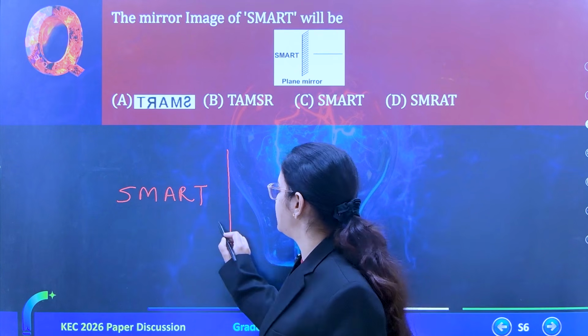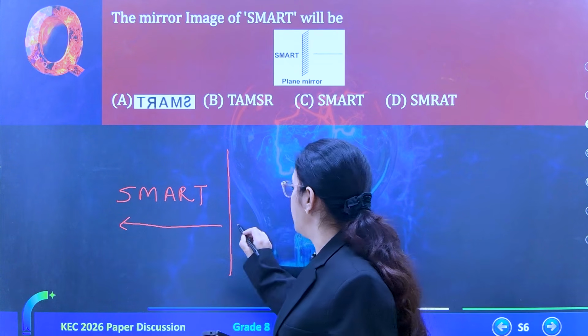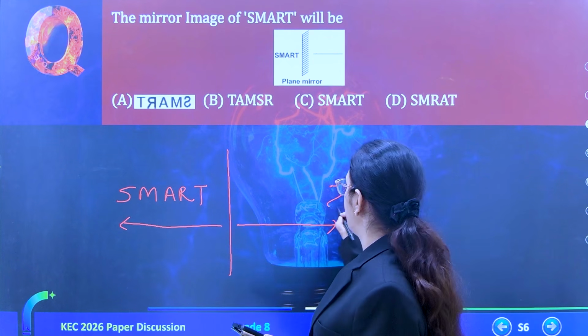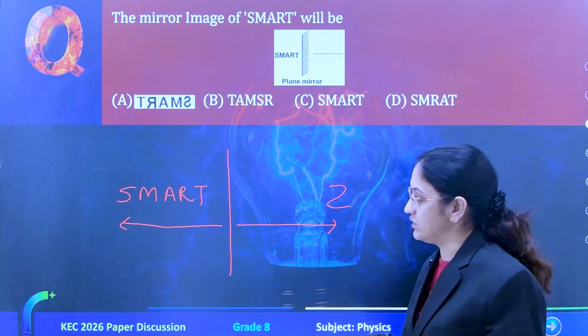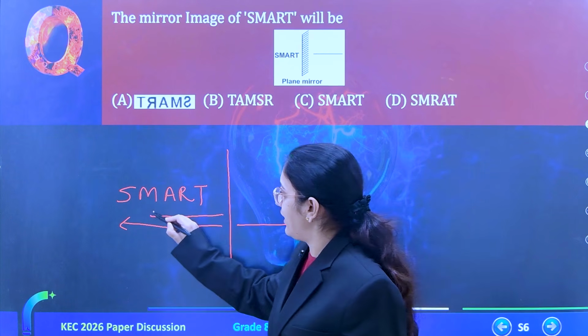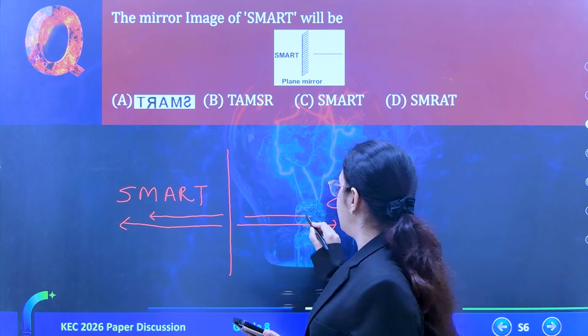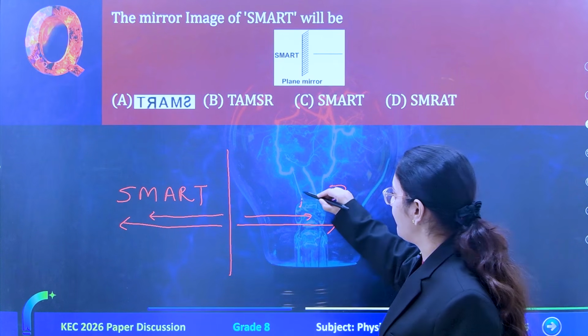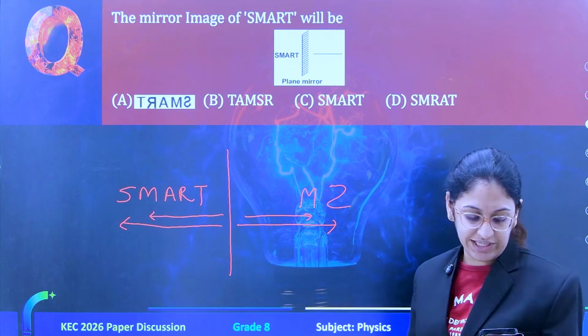So this S is at this distance. So here the image of S will be at the same distance but with lateral inversion. M is here. So its image should be here but with lateral inversion. So for M, left side and right side are same.